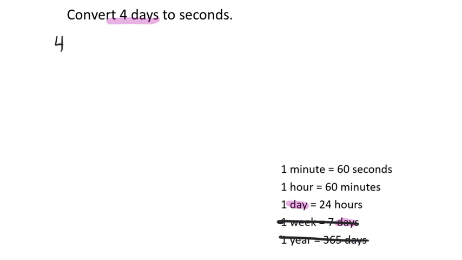So we can take those 4 days and with dimensional analysis, we'd put it over 1. Okay, so we're going to multiply this by another fraction. I want to eliminate the days. So with days in the numerator of that first fraction, I need days in the denominator of the second one so that they will cancel out. My conversion factor down here says that these days will now change into hours.